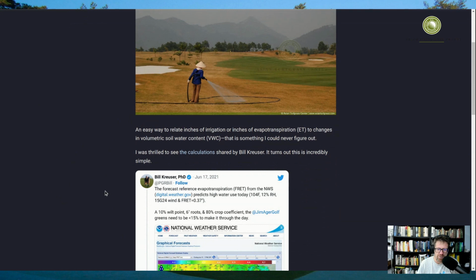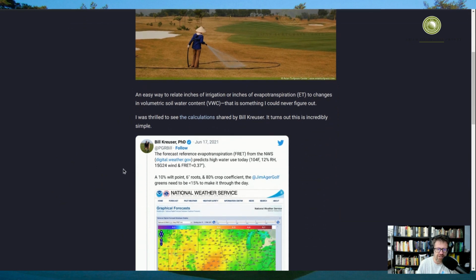Those are typically expressing the water content on a volumetric basis, meaning 15% VWC or 15% water content means 15% of the soil volume is water. And in metric, it's really easy to figure out how that volume is related to a depth of water at the surface, but I couldn't quite figure out how to do that with inches.